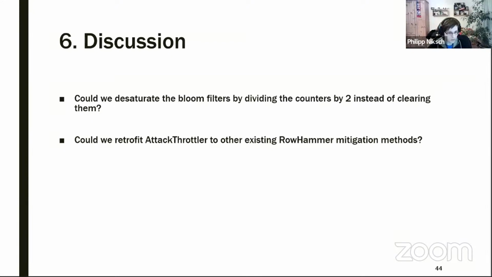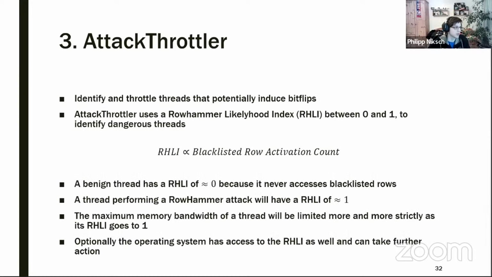One second. So AttackThrottler uses a RowHammer likelihood index. This index is capped between 0 and 1. If you have only memory requests to blacklisted rows, the RowHammer likelihood index becomes 1.